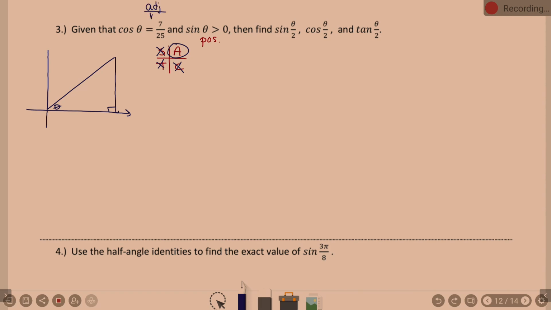So adjacent is x. Hypotenuse is 25. And it makes sense that they're both positive. What about opposite? That's going to be a big number. It'll probably go down to a smaller number.